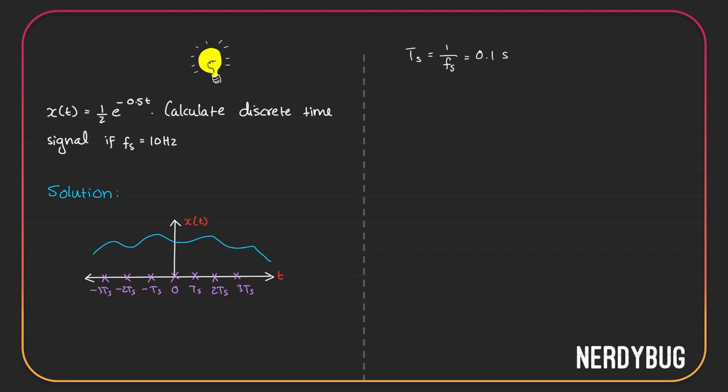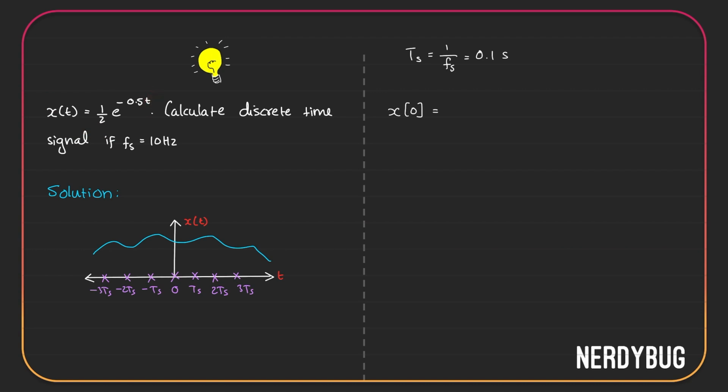So let us write the discrete time signal. What will be the zeroth term? X of 0 will be the sampled value of my original continuous time signal at t equal to 0. Since x of t is given, to find x of 0, I can just give the value of 0 to t.